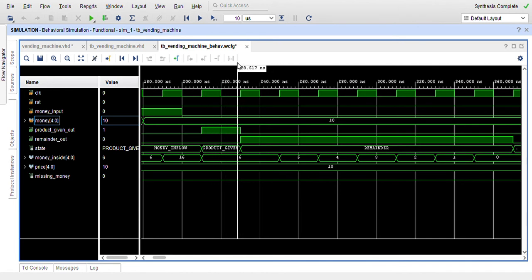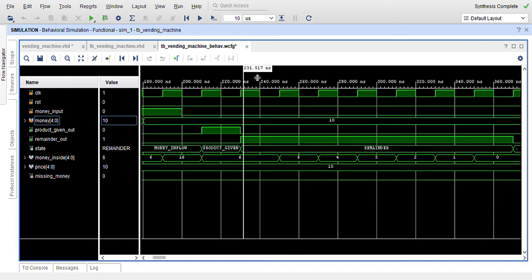Then we continue with the remainder state. Here the remainder signal is 1, so our state is remainder at the rising edge.